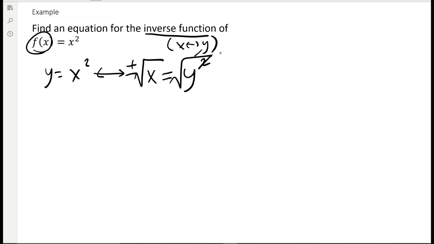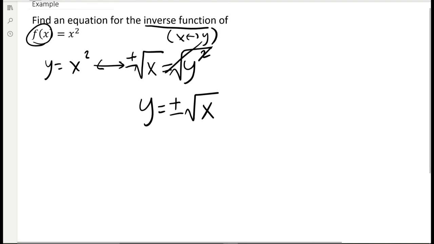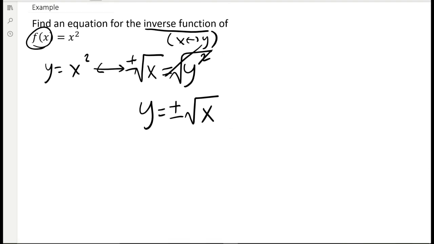Now the square root cancels the square, leaving me with y equals plus or minus square root of x. All right, so that is our new inverse. This is the equation for the inverse function.